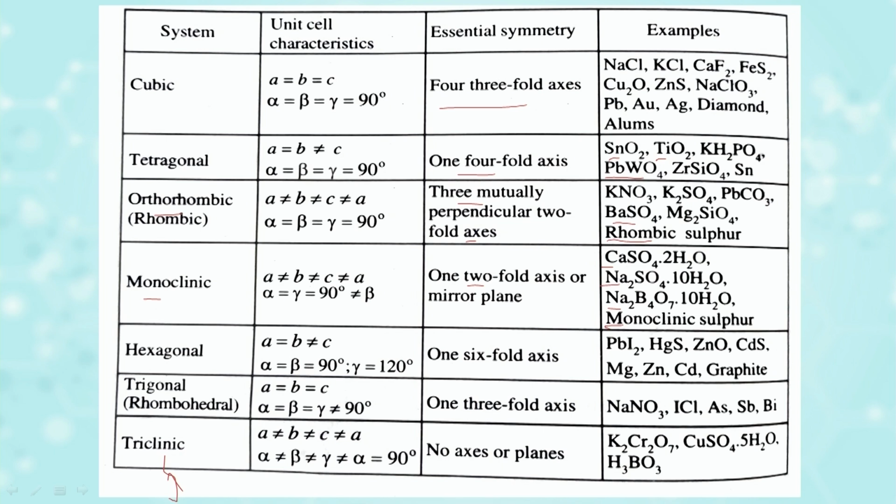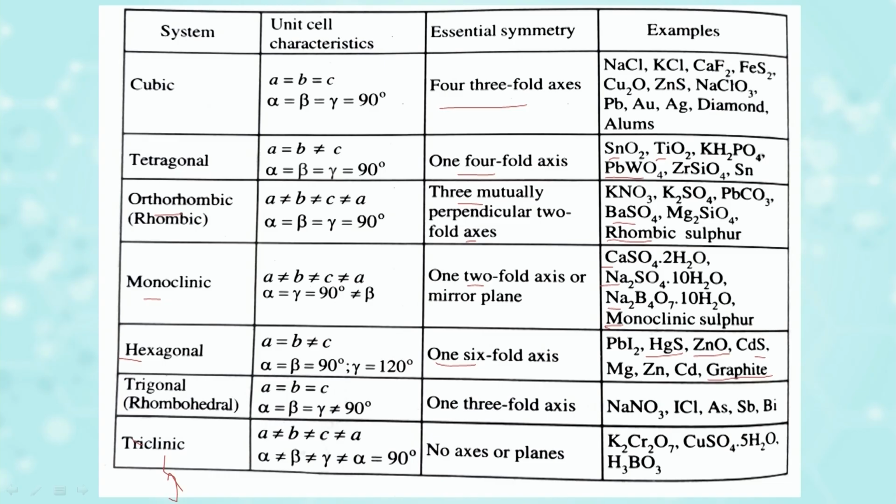The next is the hexagonal, characterized by the essential symmetry element, that is 1 6-fold axis. A typical example is graphite. Graphite has a hexagonal structure. Zinc oxide, mercuric sulfide, cadmium sulfide, all these belong to hexagonal crystal system.